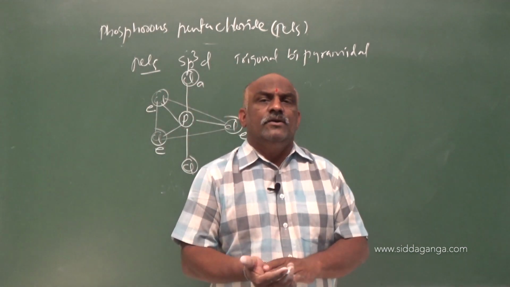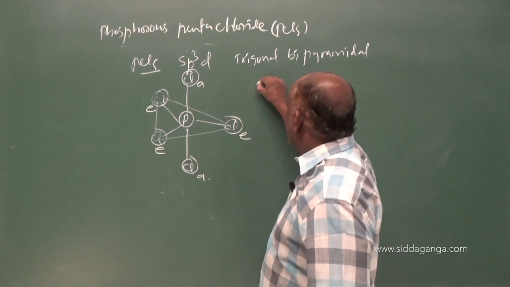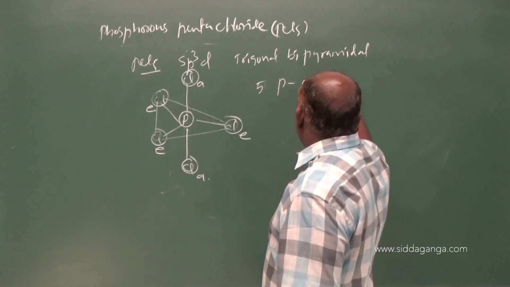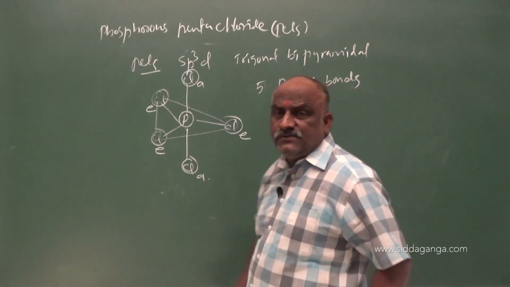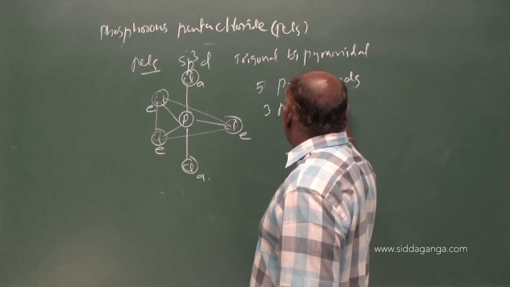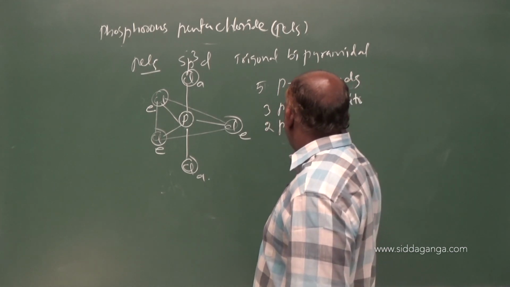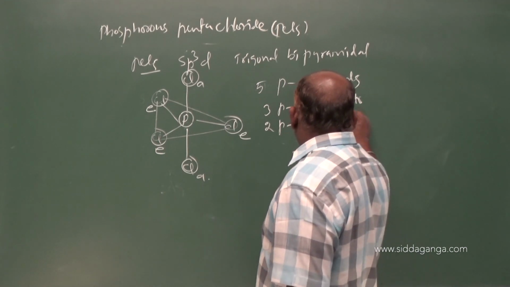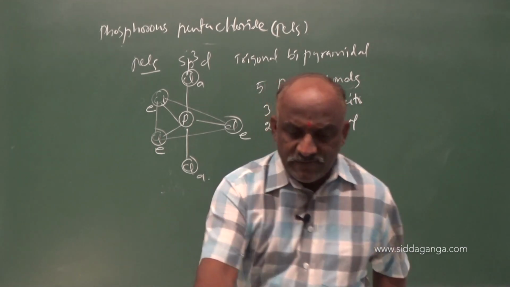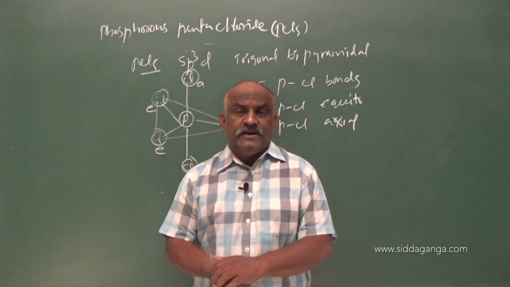So 2 types of bonds take place in PCl5. Total number of PCl bonds is 5. Out of these 5 PCl bonds, 3 PCl bonds are equatorial and the remaining 2 PCl bonds are axial.